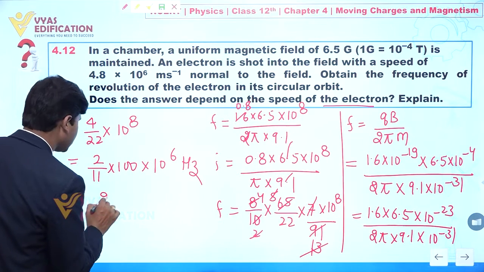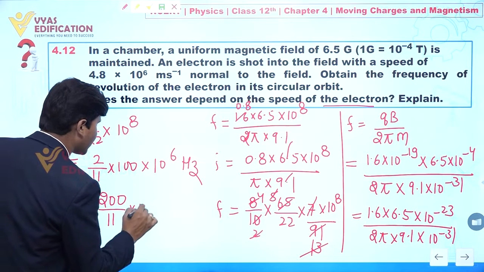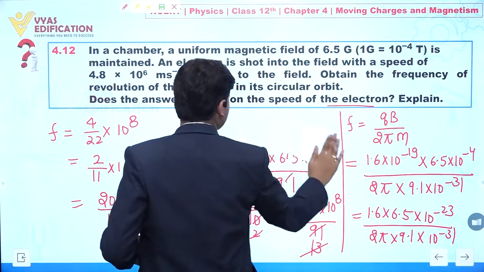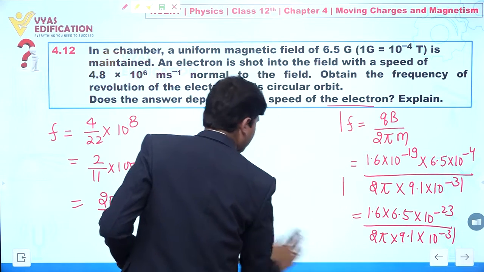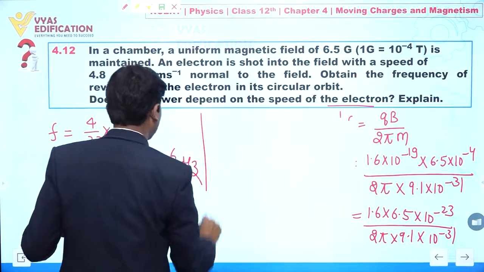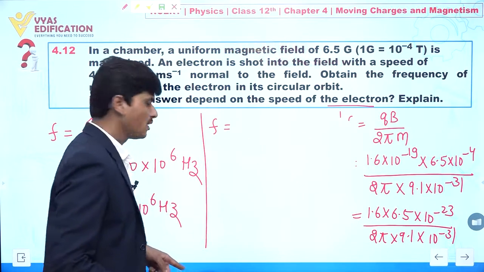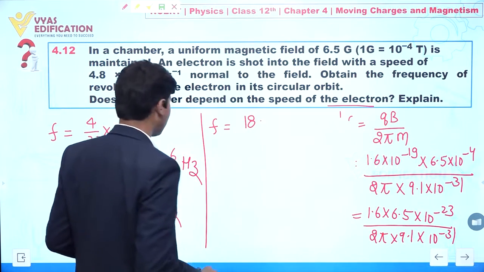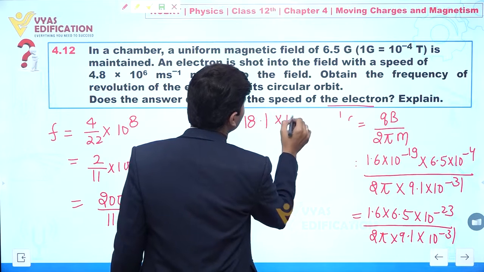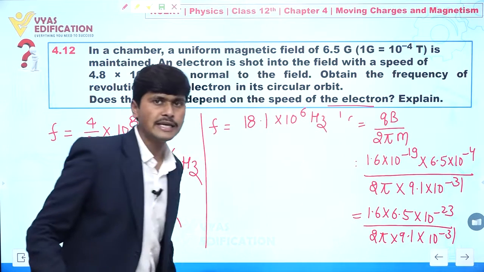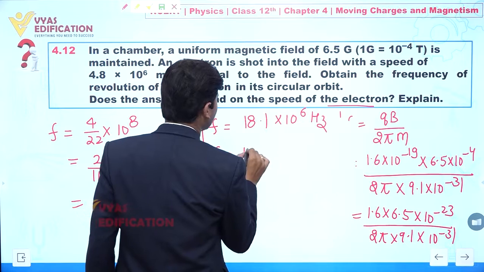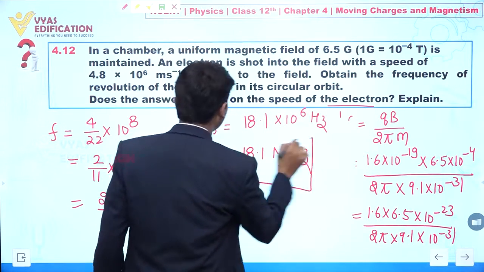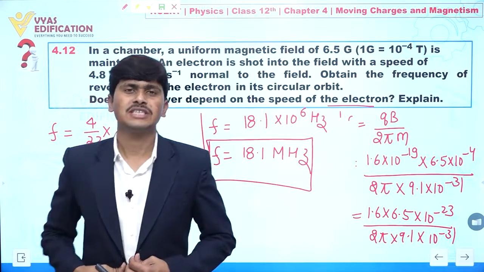So this is 200 divided by 11 into 10 to the power 6 hertz. Now the value of this frequency is 18.1 into 10 to the power 6 hertz. So the frequency is approximately 18.1 megahertz. This is the answer of this question. Clear to everyone? So this is all about this question.